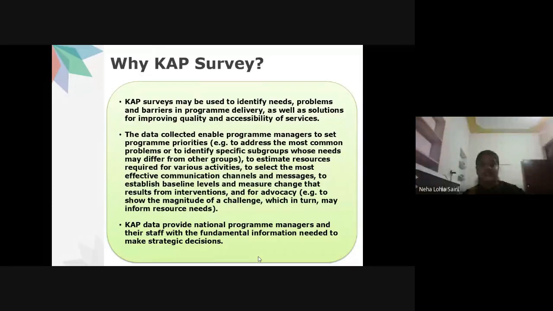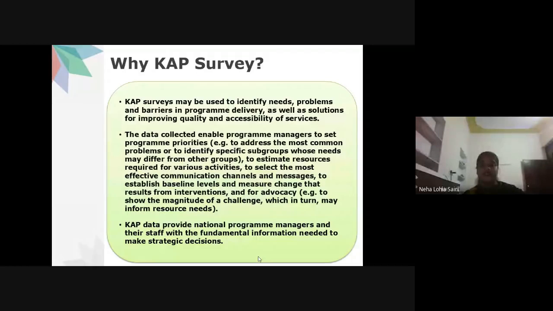Whenever there is some census data or some demographic data, a survey is done. That is the KAP survey, where the data will help the managers or the policymakers to develop their strategy and decide on what policies they have to do and what changes they have to make in the existing policies. So the KAP survey is a very important tool for a researcher.